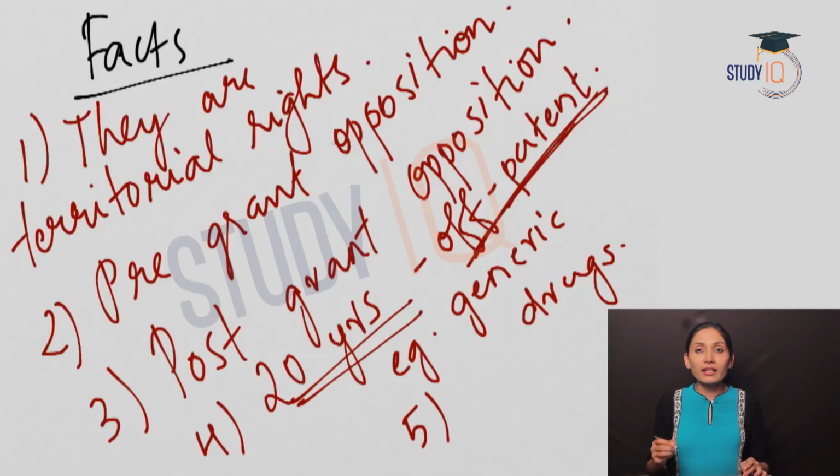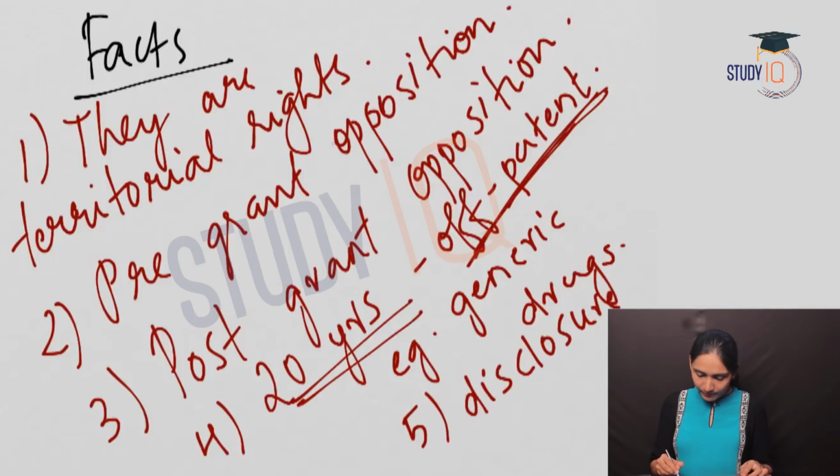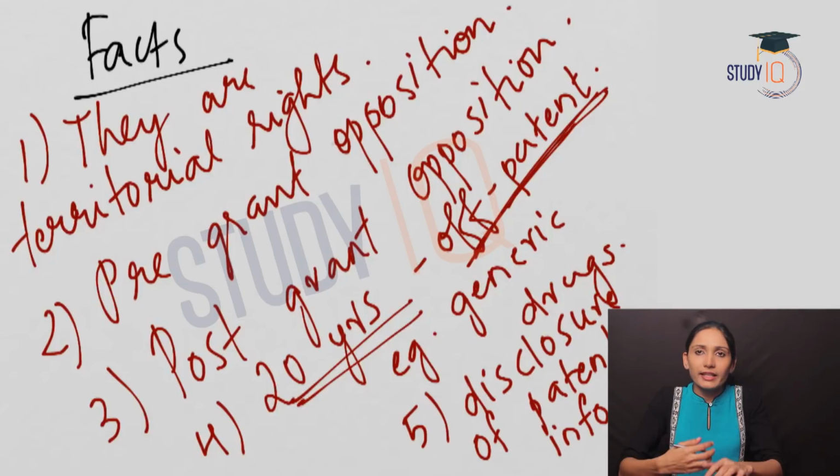The next important thing here you must note is that the patent holder has to disclose the technical information to the patent office. So, disclosure of patent information. Initially, the applicant has to reveal the technical information to the patent office, but later on the patent office will make this information available to the general public also.